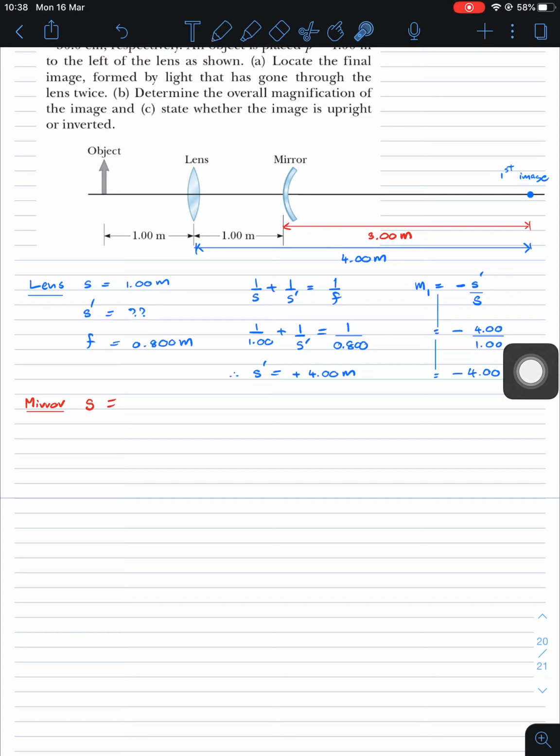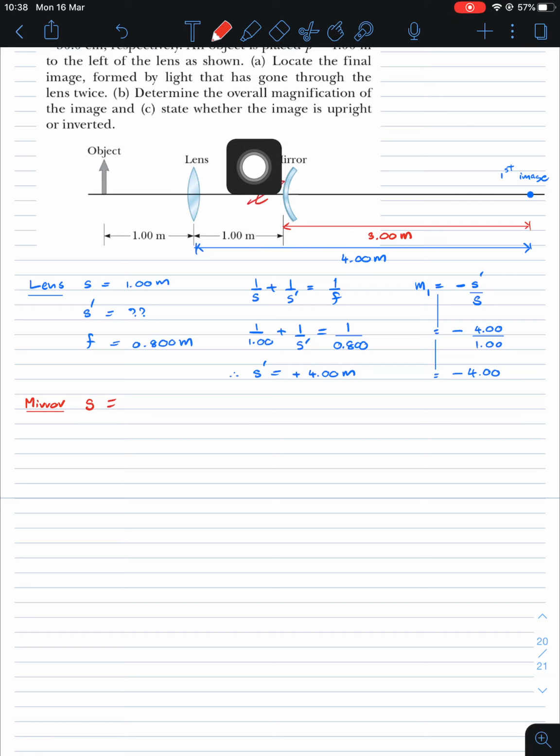If we consider the path of the light, it goes to the mirror. This is the incident light, and then it reflects back. This image is going to be the object for the mirror. Now this object is on the right hand side, and the reflected light is on the left hand side.